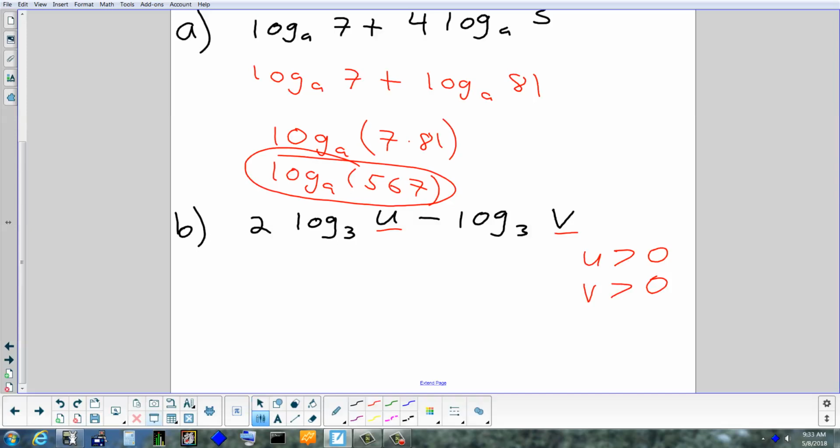All right, let's see if we can do this one all in one step. How about Brianna? When I recombine it into one log, what's going to be my base? The 3. So it's going to be a base 3. And Kyle, since I have a subtraction here, what must that have been before we split it?